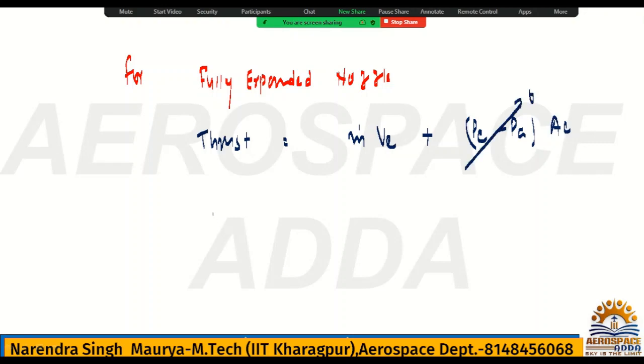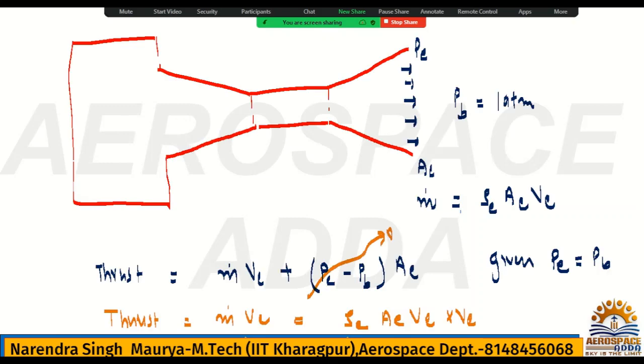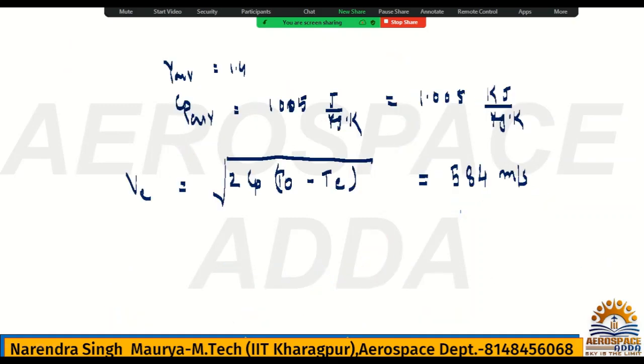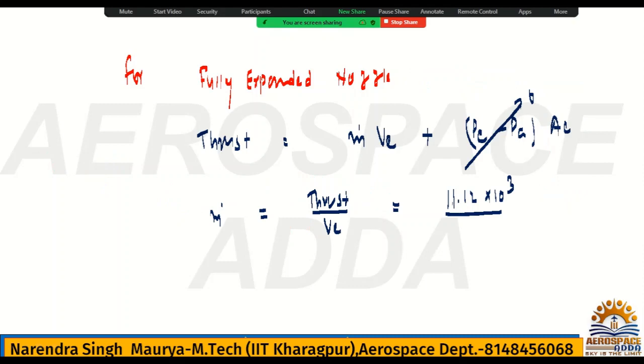Always remember. So the mass flow rate will be thrust divided by velocity. You have already seen thrust is 11.12 kilonewton, 10 power 3, divided by exit velocity, which you have also calculated. It was 584.